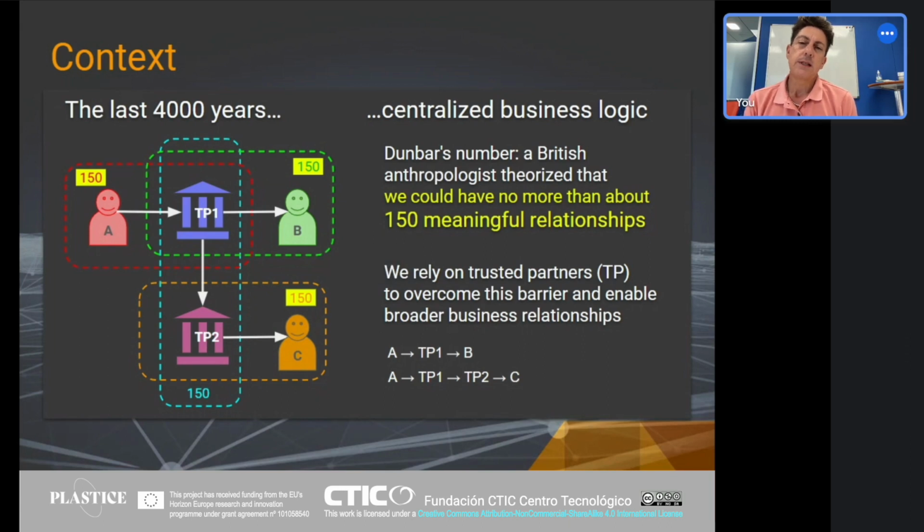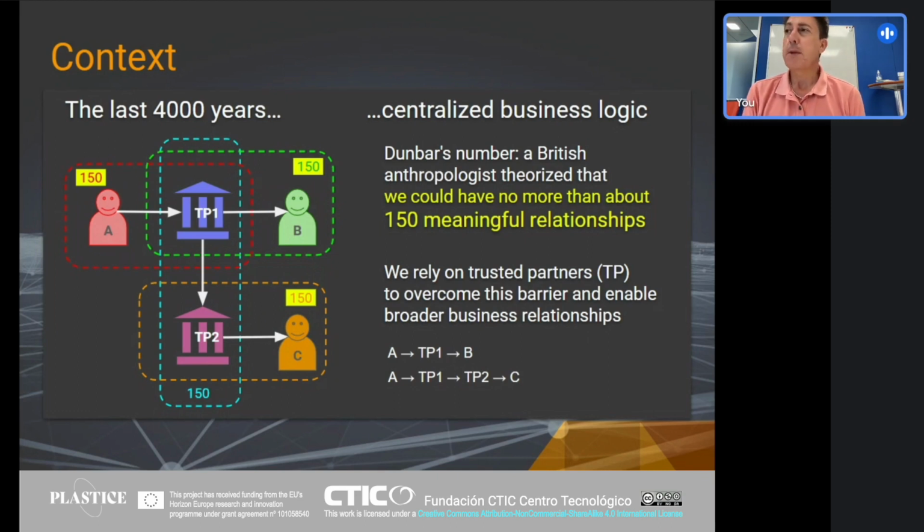More or less for the last 4,000 years, we have been working in a centralized way with this type of centralized business logic. There is a British anthropologist, maybe some of you have heard about this number, the Dunbar number, that says that we as humans could not have more than about 150 meaningful relationships.